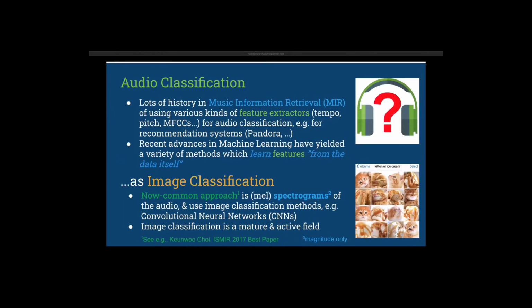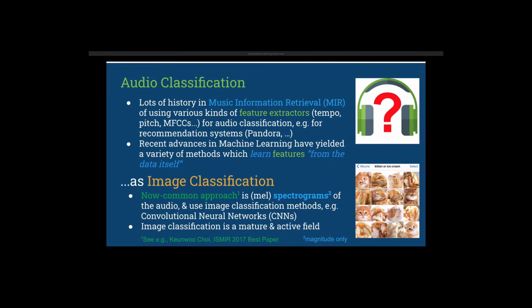A little bit of background on the method, right? Audio classification, it's a subset of music information retrieval, which is a really, really big field. People have devoted their lives to it. I am not an expert in that area. This was just a project I wanted to try, but usually you extract features from the audio in various ways. You might use it for a recommendation system like Pandora.